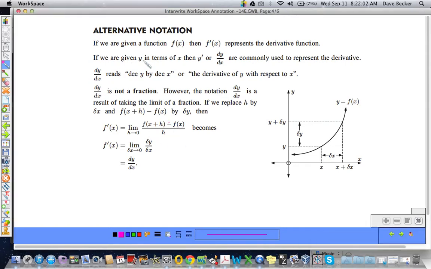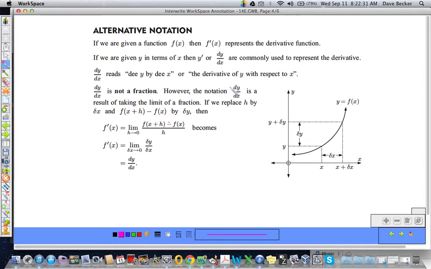So here we go. We need to talk about alternative notation. If we have a function f of x, f prime of x represents the derivative function. If we are given y in terms of x, then y prime, or dy dx, is commonly used to ask for the derivative. It is not a fraction.